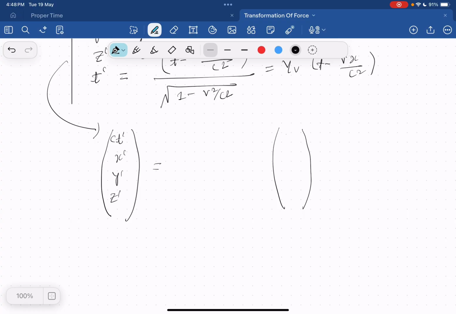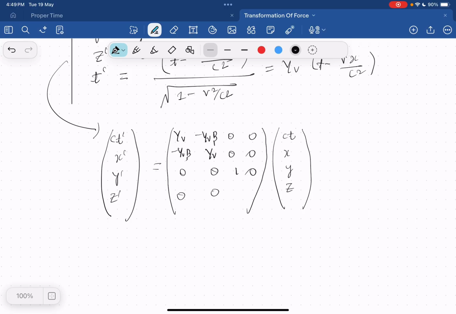The corresponding coordinates for the S frame are ct, x, y, and z. So the matrix for the Lorentz transformation comes out to be something like this. So we have gamma v here, minus gamma v beta, 0, 0; minus gamma v beta, gamma v, 0, 0; 0, 0, 1, 0; 0, 0, 0, 1.